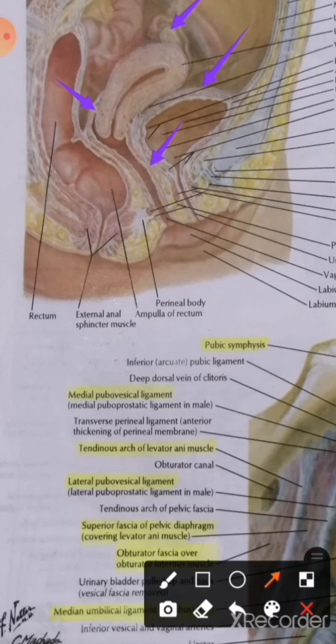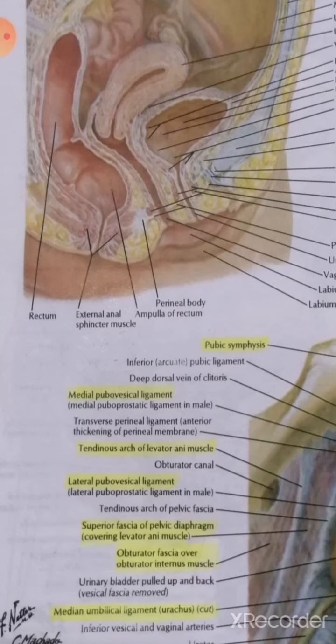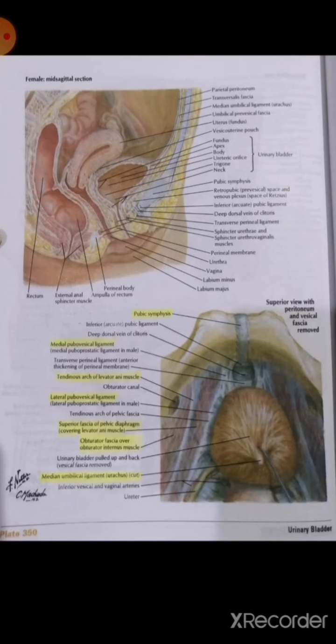In the female, the base is related to the uterine cervix and to the vagina, and that does make absolute sense, because this is the uterine cervix and this is the vagina, and so these two structures are related to the base of the urinary bladder in the female. This is not that hard at all. So I'm hoping this makes sense.